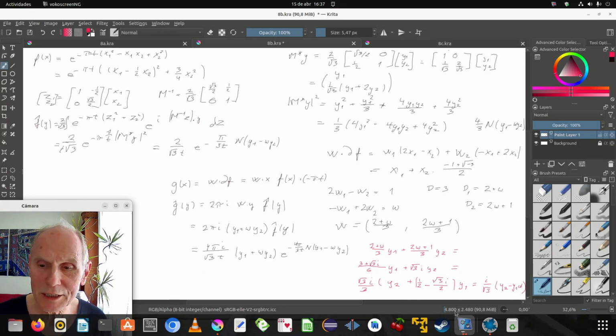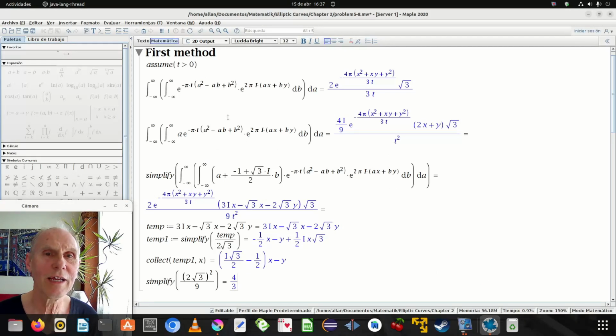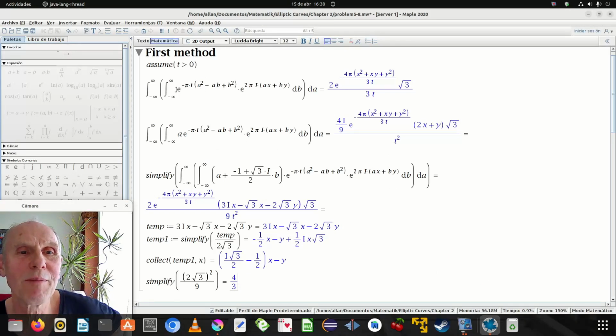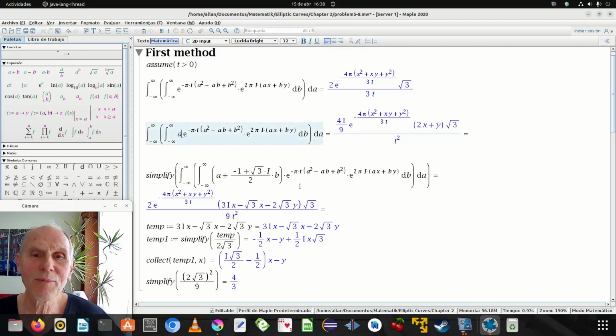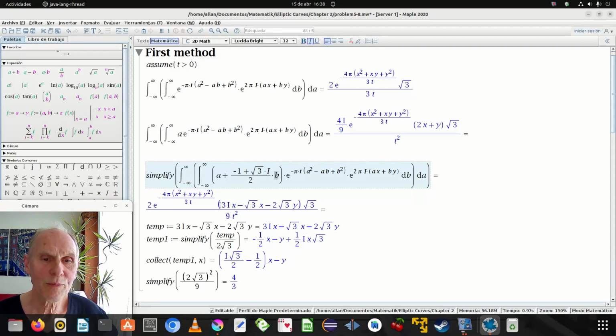I must just show you that I actually, to verify my idea this morning, made these integrations. Maple can do them just to verify that I did get the right result. Here we have a plus b omega, and then this is the Fourier transform.